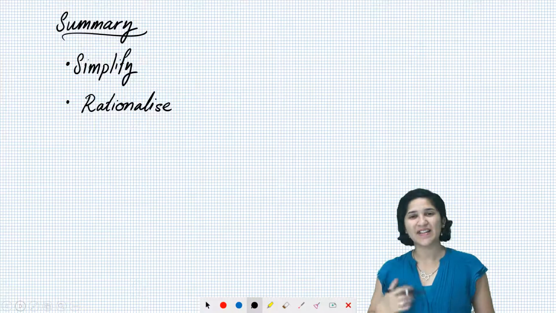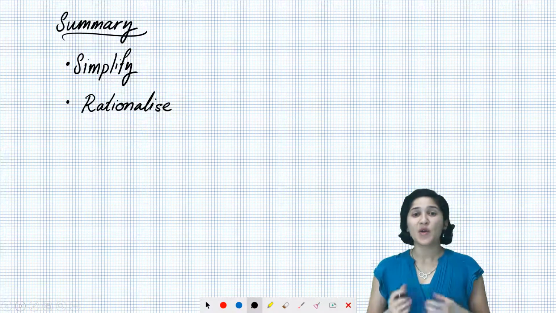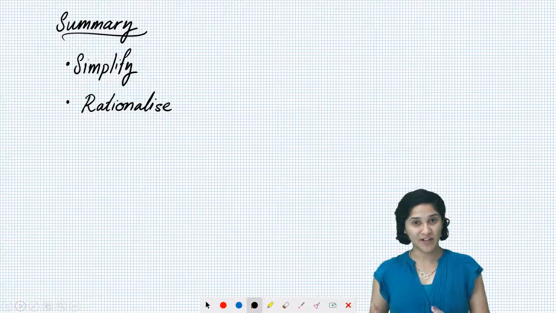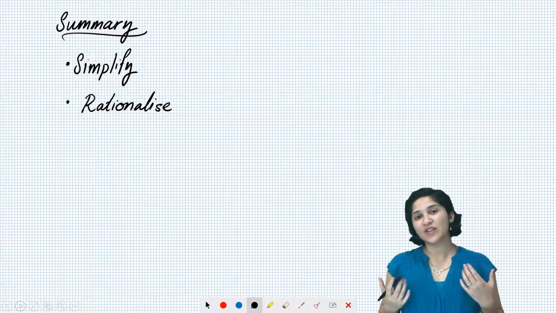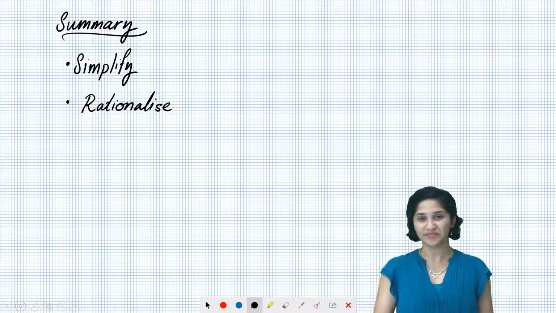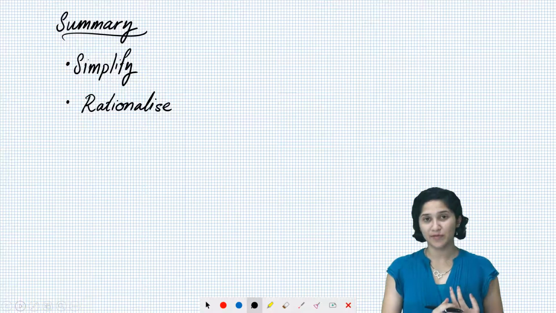So to summarize, surds are just a particular type of irrational number where the square root sign can be represented as a fractional power. So you can apply all of your index laws to surds as well. Okay, and the important thing is to simplify them.